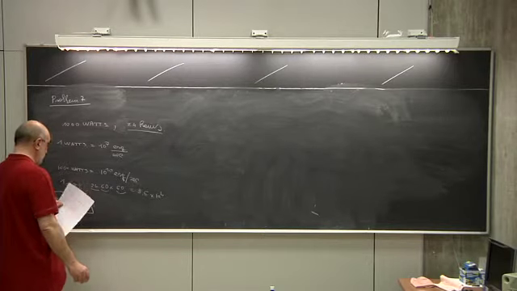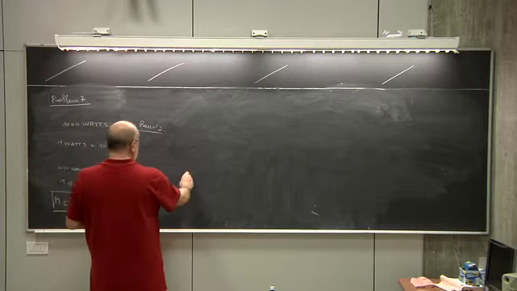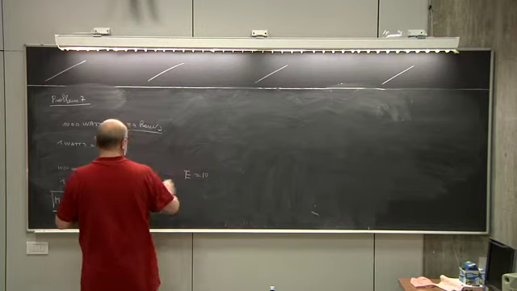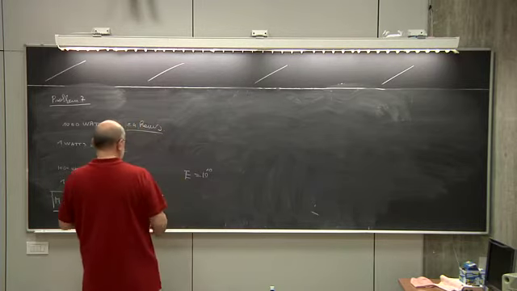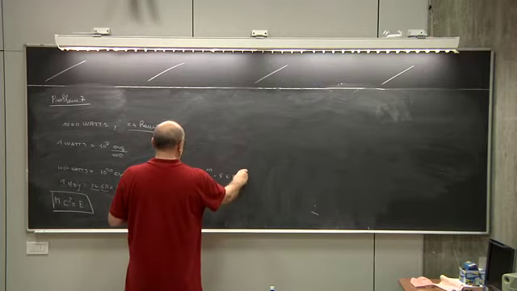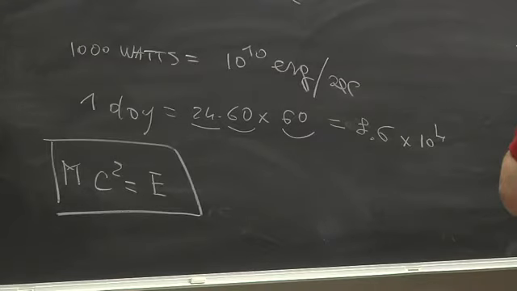So this is 1 day, and the total energy emitted is 10 to the 10 erg per second times 8.6 times 10 to the 4 seconds. And so you get 8.6 times 10 to the 14 erg.